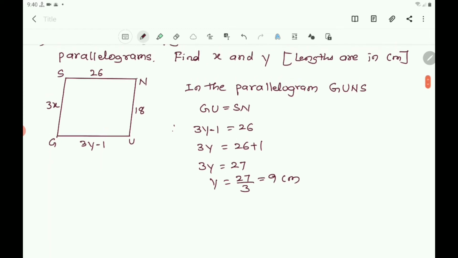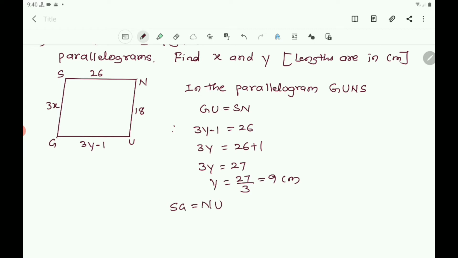Next you take again the opposite sides, SG is equal to NU. In both the cases we use that opposite sides are equal.